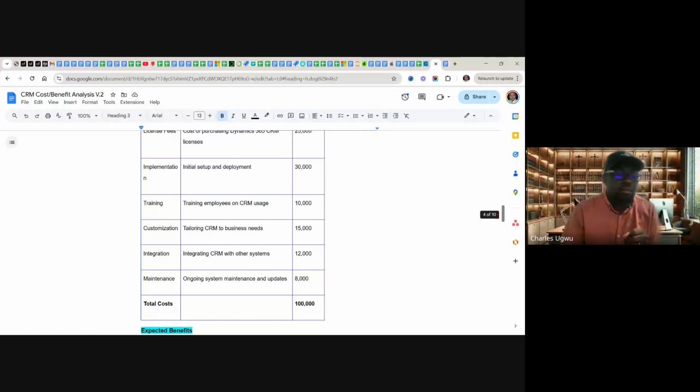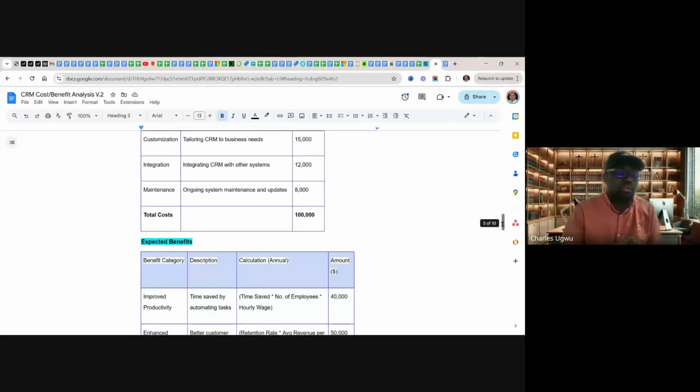And then we have integration, integrating the CRM with other systems, 12,000. Then we have maintenance, ongoing system maintenance, and we'll capture it at 8,000. And then we'll have a total cost of 100,000. That's how I come up with a total cost.